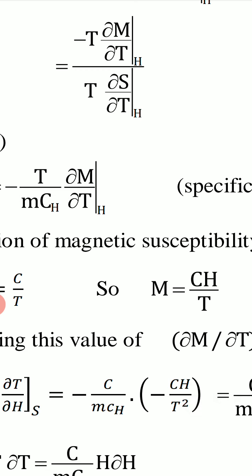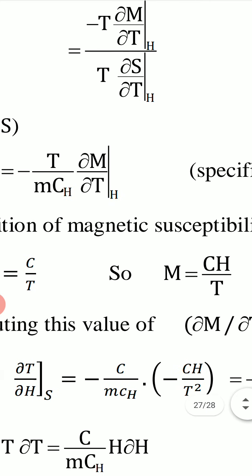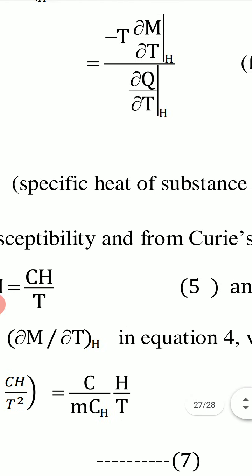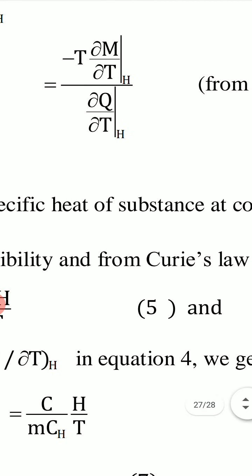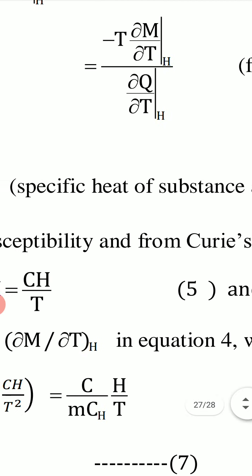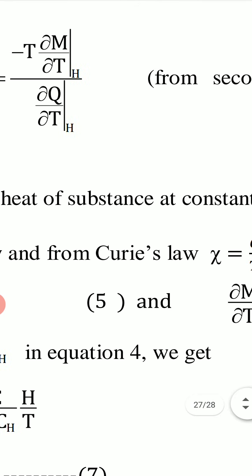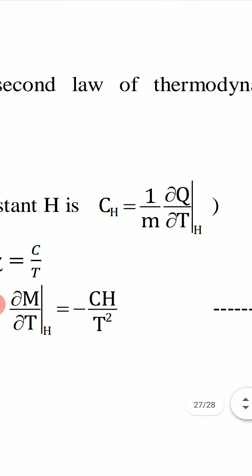Now specific heat C is written as C_H because it is specific heat at constant H, for constant magnetizing field. From the definition of specific heat, which comes from the relation dQ equals m c dT, we have C equal to 1 upon m dQ upon dT.